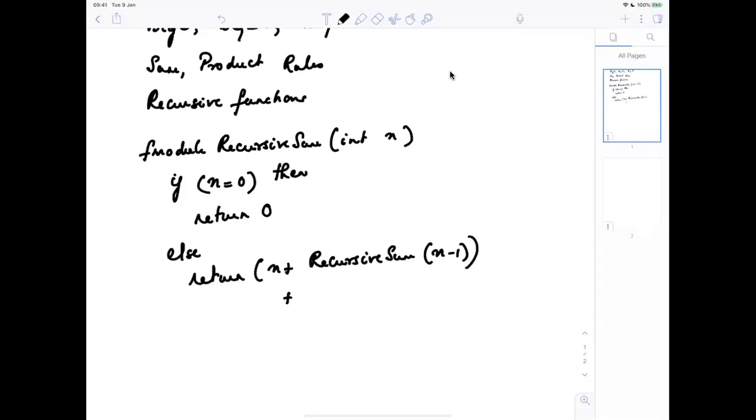Oh, this is what we had written yesterday, so I'll keep this here, and end module.